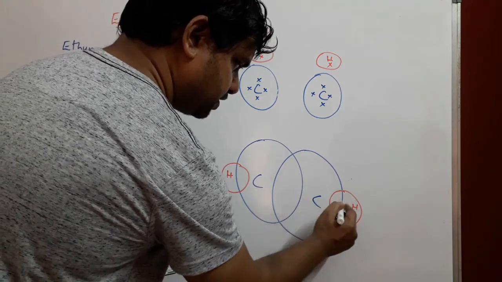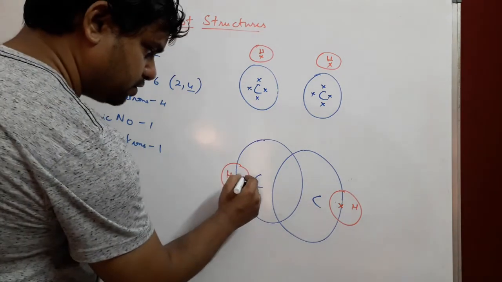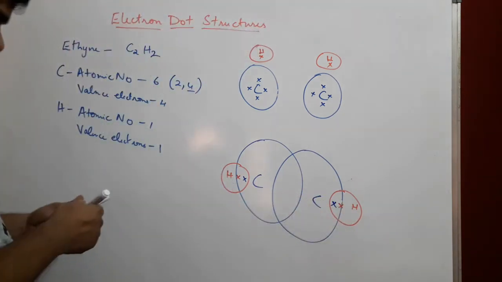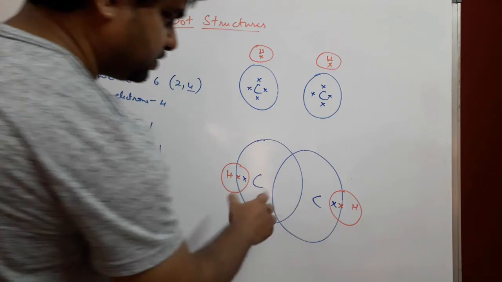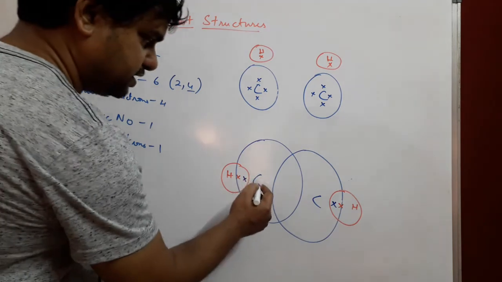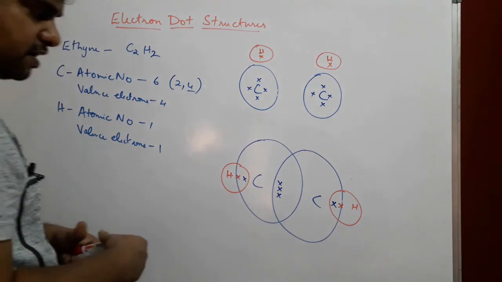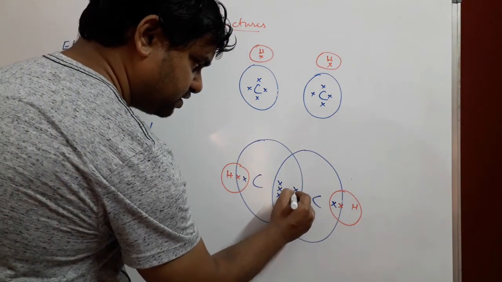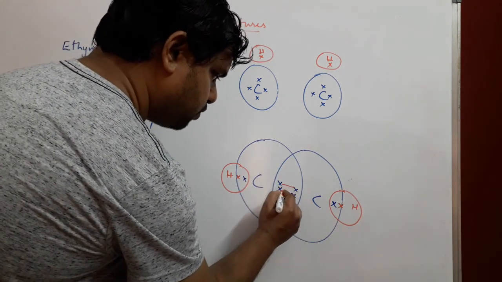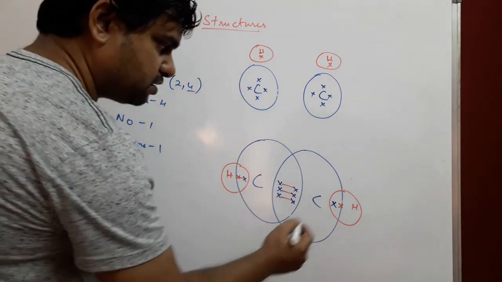So I'll mark it over here and here too, and it will pair up with 1 electron from each of the carbon atoms, which means now there are 3 electrons still pending to be shared. So this carbon atom will now give 3 electrons, and this carbon atom will also give 3 electrons which are pending, and they form covalent bonds. Sharing happens between them.